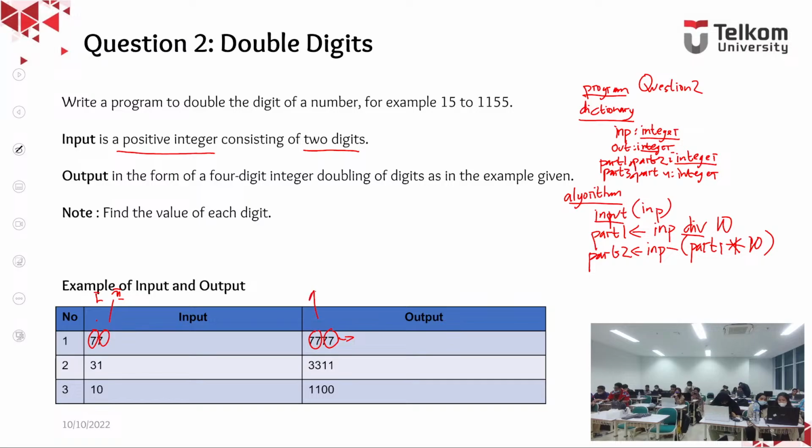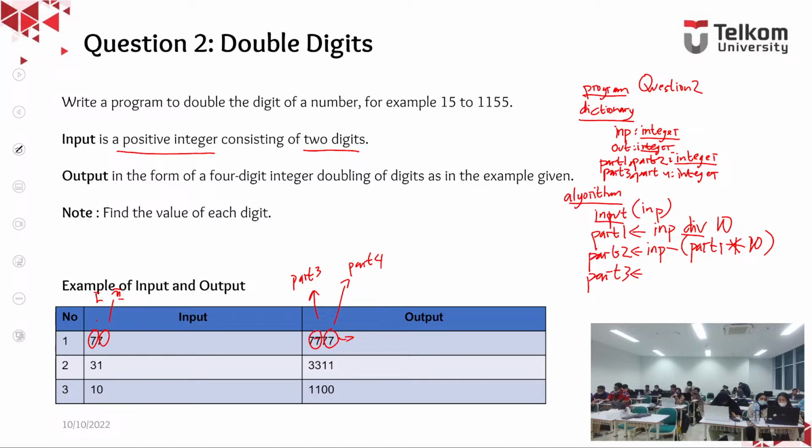So for example, we can take part 3, part 4, and then we calculate. Maybe you can have a simpler solution. Okay, part 3, how to produce this?